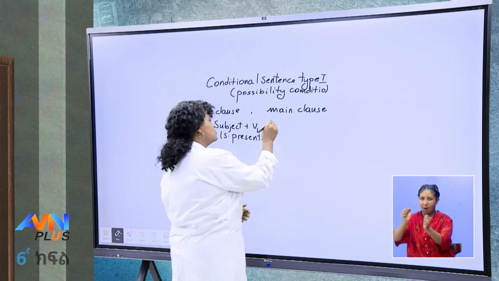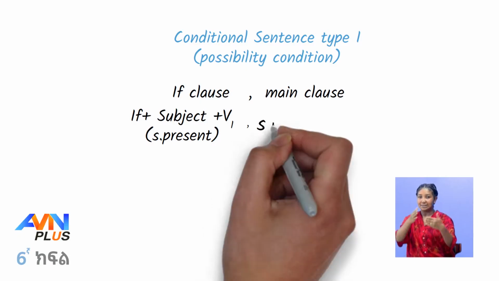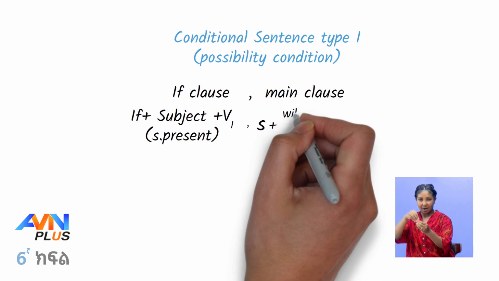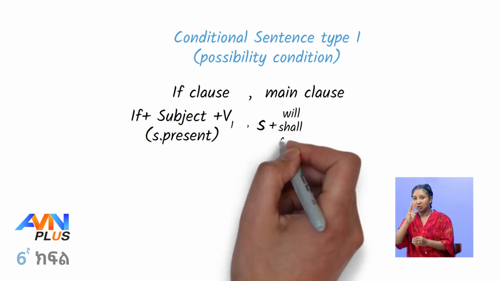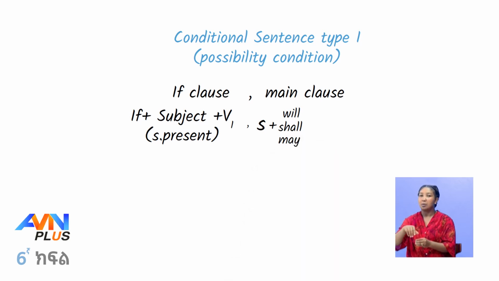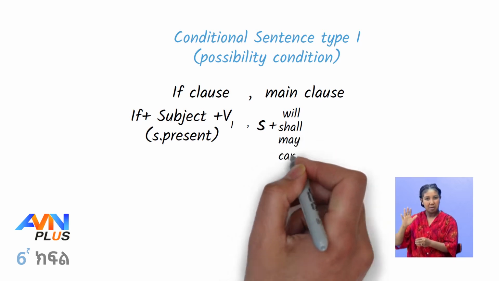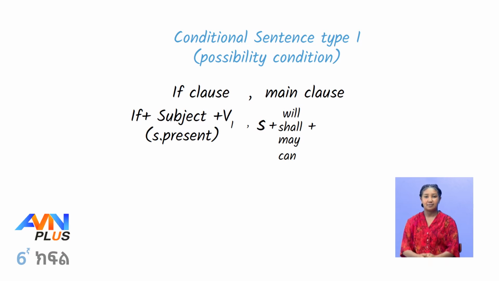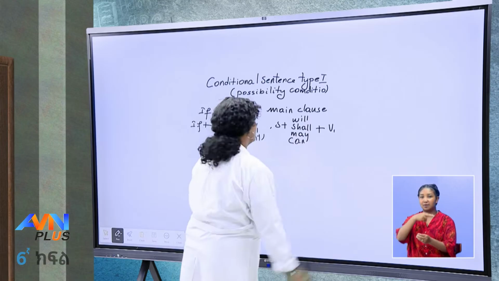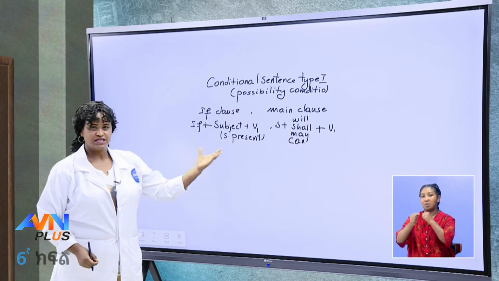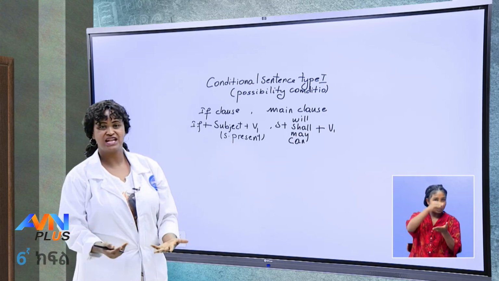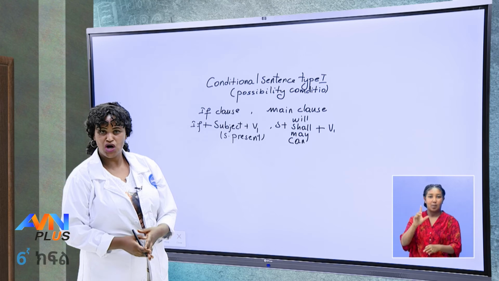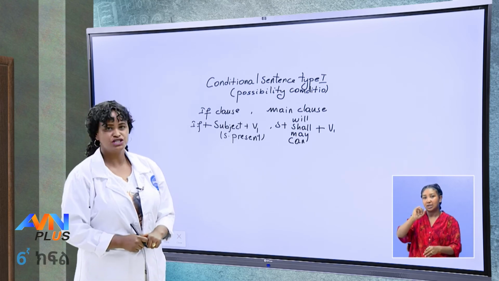Subject, plus will, shall, or the modal auxiliaries may or can, plus verb 1, or what we call base verb. This is the form of what we have seen last week, conditional sentence type 1 or possibility condition.